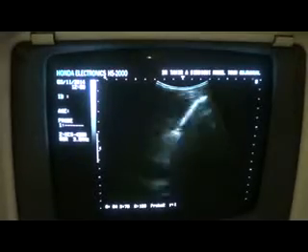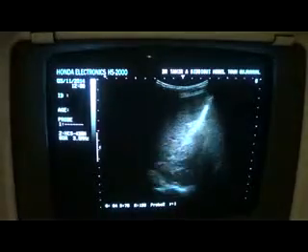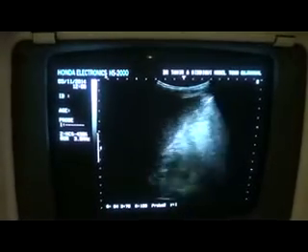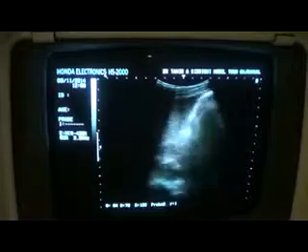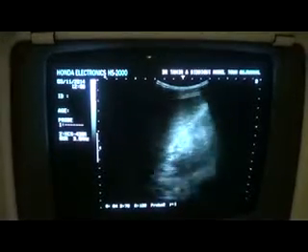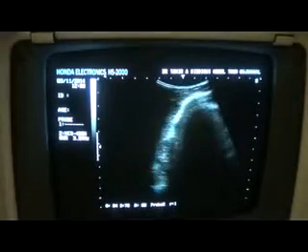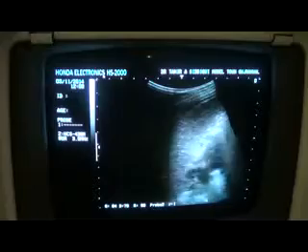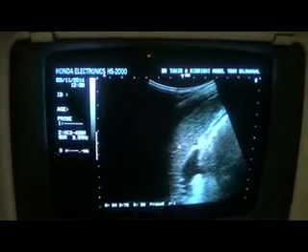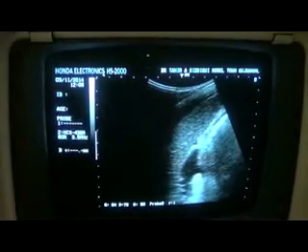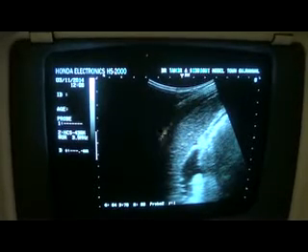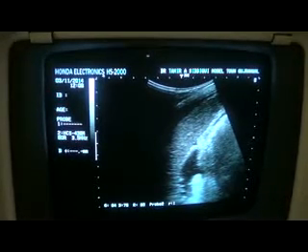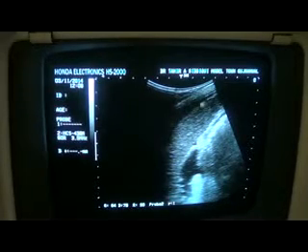On the left side, we see that the spleen is normal in size, kidney is okay on the left side, but moving upwards, I can see that this is a part of the spleen, and this is the fluid, the ascitic fluid that is surrounding the spleen.